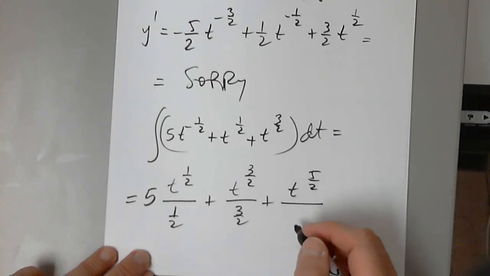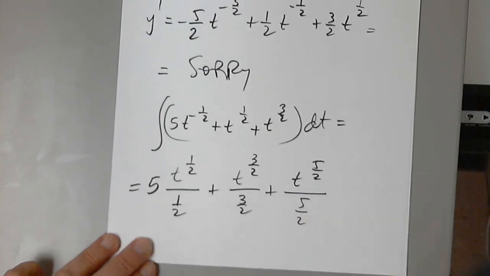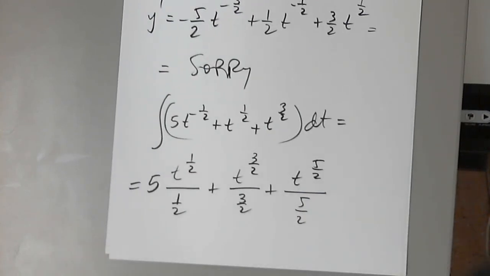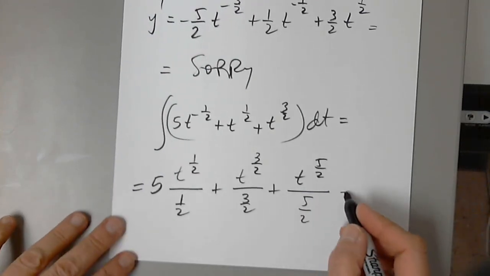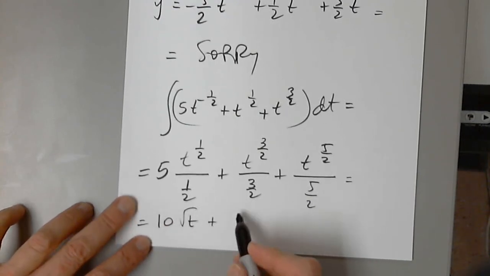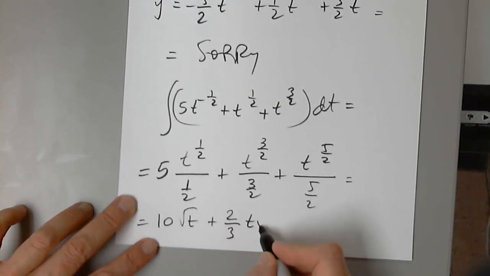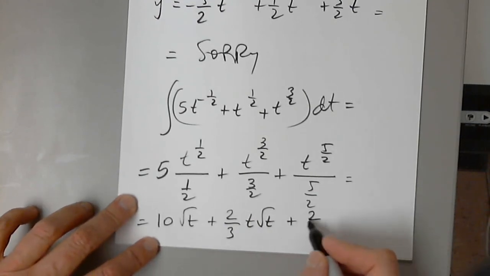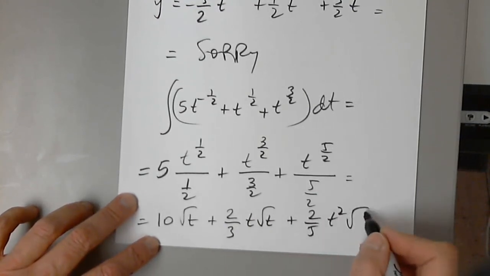I prefer adding than subtracting, to tell the truth, so it's much better. So now we flip all this. 10 square root of t, plus 2/3 t square root of t, plus 2/5 t squared square root of t.